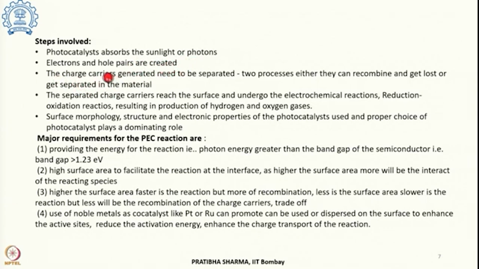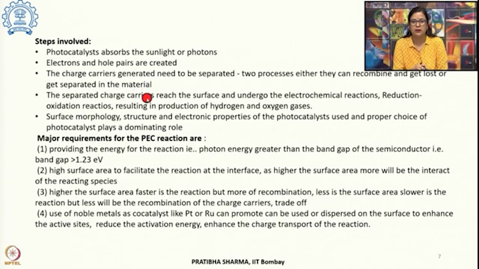These charge carriers need to be separated, and there are two possibilities: either the electron and hole pair will recombine, giving the energy and getting lost in the process, or they can be separated in the material.